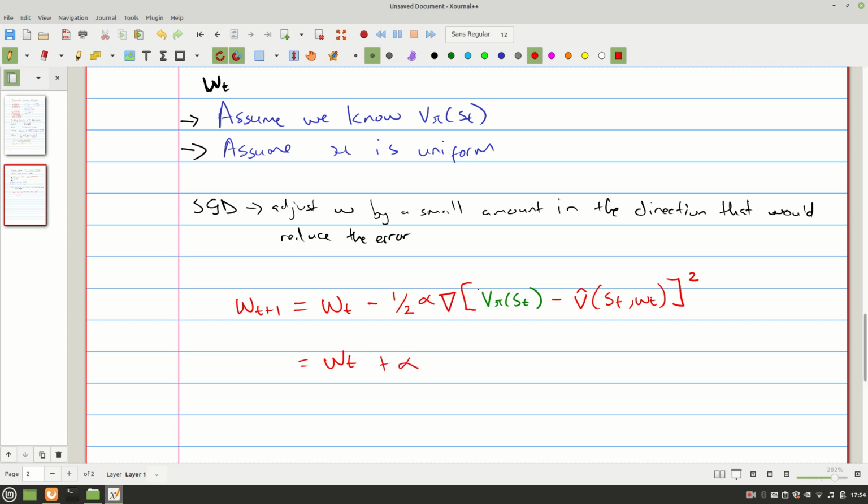So now you see that the 2 was there just to help us cancel this, but since it's a constant, it doesn't actually matter, times v_π(s_t) minus v(s_t, w_t), using the chain rule, times the derivative of what's inside, which is the gradient with respect to w, which is why we only differentiate this part, v(s_t, w_t).